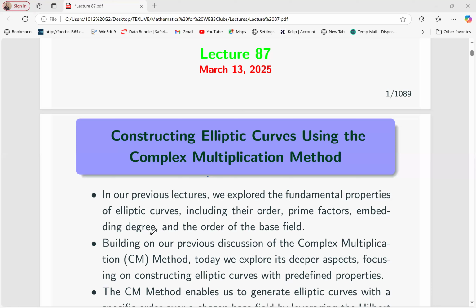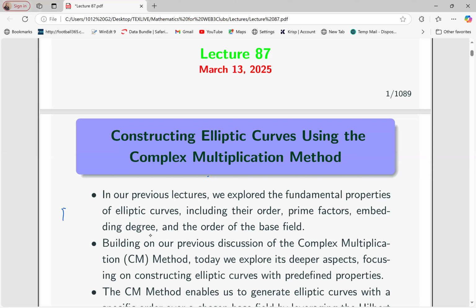The first step, as we've seen before, is to choose your field, the base field that you want your elliptic curve to be in, and then decide how many points you want, the order, the number of points your elliptic curve should have. So once you have the number of points, let me say 20, and let me say you want the field to be F13, then you would now calculate your t, the trace.